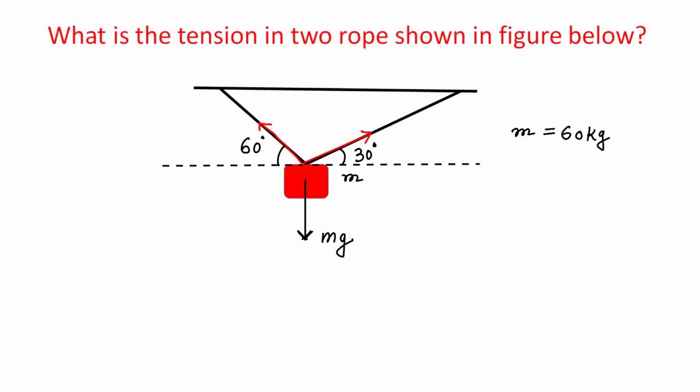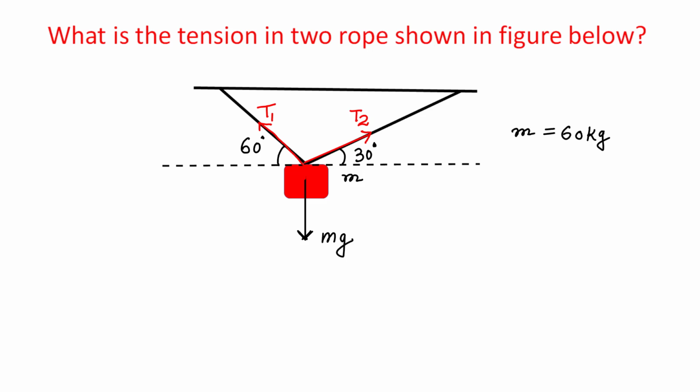One force is mg, and let us call this tension T1 and this tension T2. These two tensions will not be the same because these ropes are not identical. One is inclined at 30 degree, another at 60 degree.